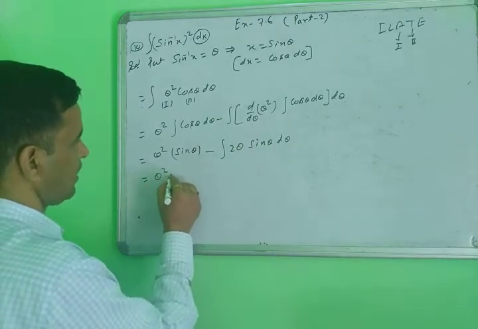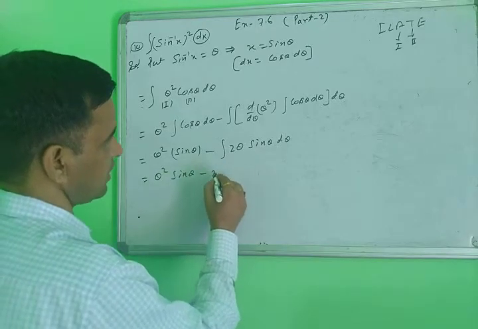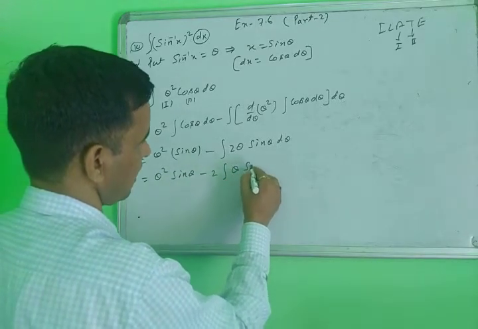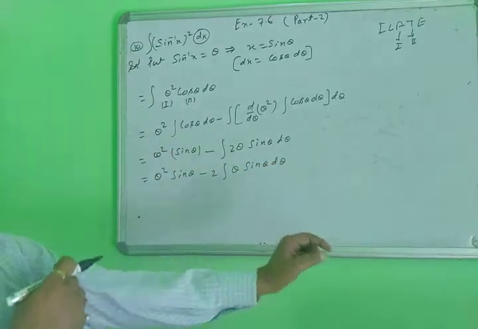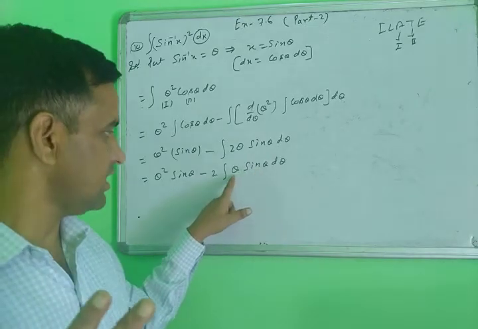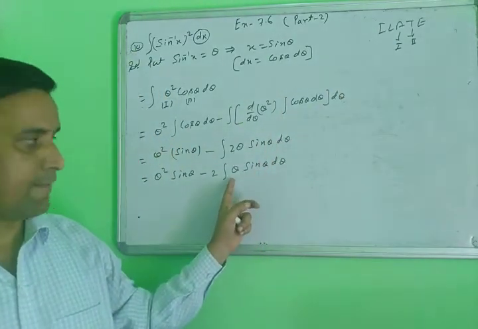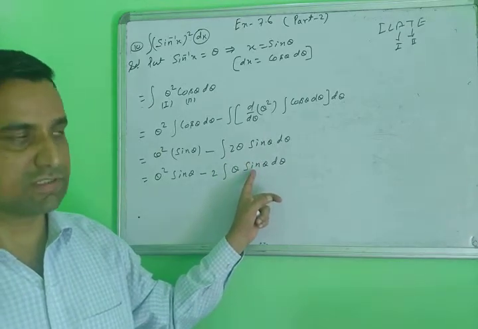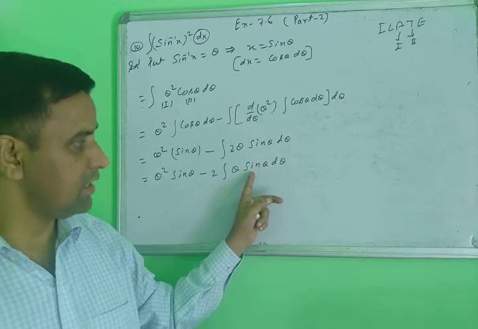Then theta square sin theta minus 2 taking outside, again theta and sin theta d theta. Again here using the ILATE rule, theta and sin theta are the two functions. Theta is the first function and sin theta is the second function, because theta is an algebraic function and sin theta is a trigonometric function.